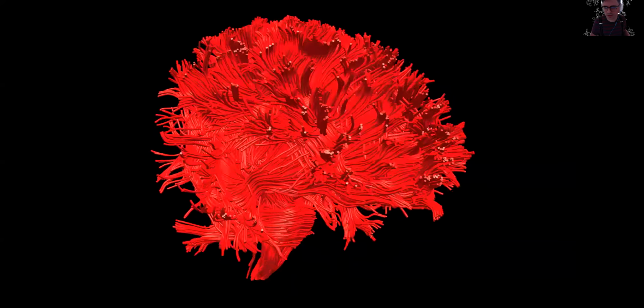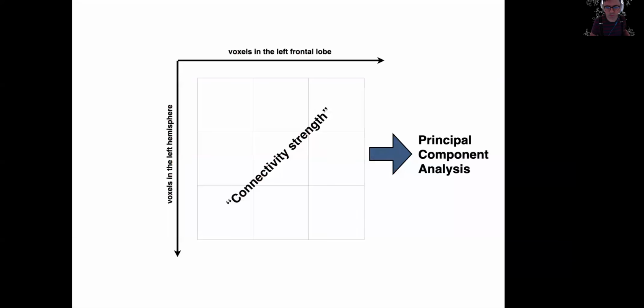Now that I did a disclaimer on the limitation, we can say, how about we try to use the information that we can derive from the structural connectivity, based on diffusion weighted imaging tractography, to divide the frontal lobe into subregions using a principal component analysis.